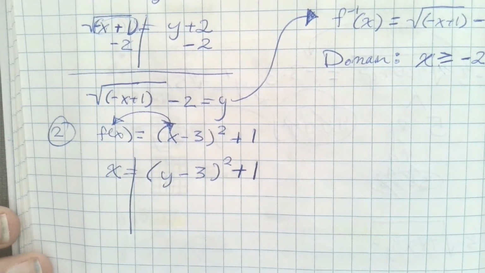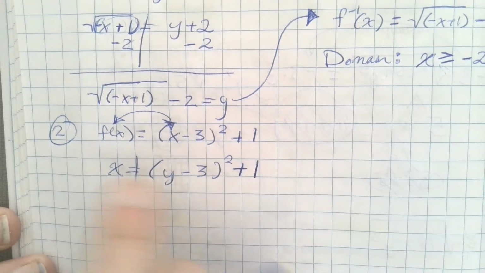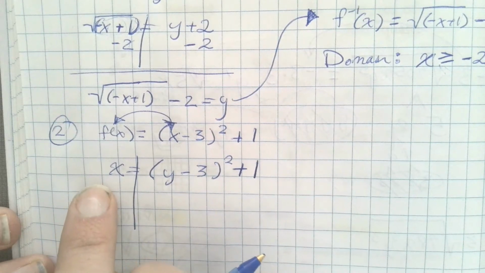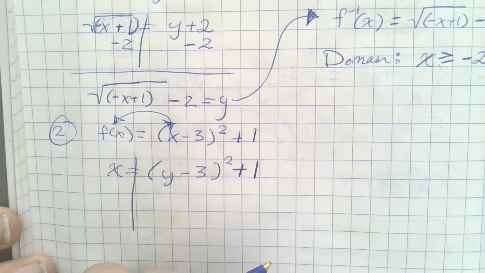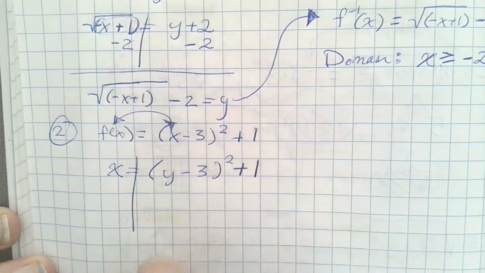Jamarian, do you know what we do next? You don't know? We want to get the y by itself. What's the easiest thing to move to the other side? We want to get the y by itself, so do we want to move the 3, the squared, or the 1?